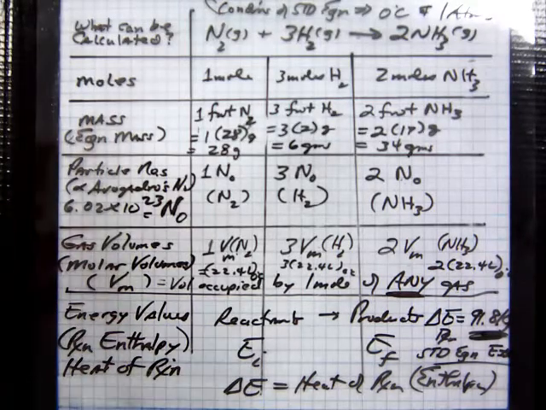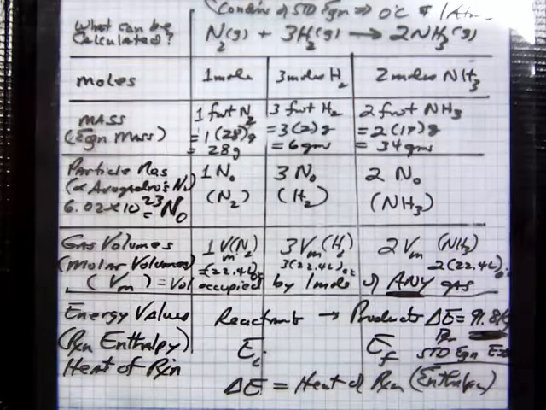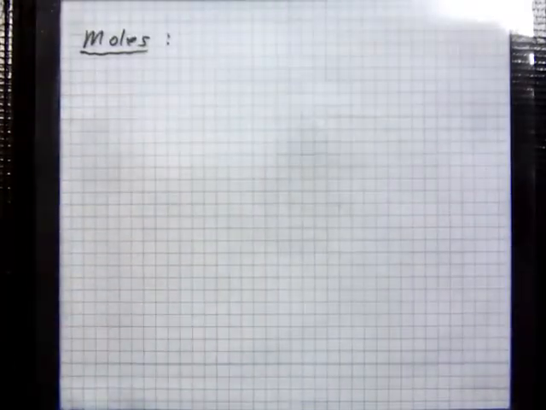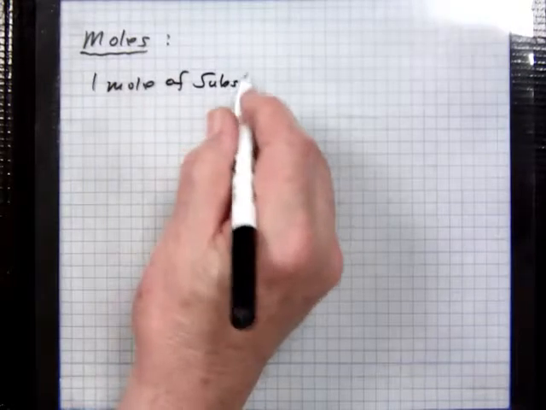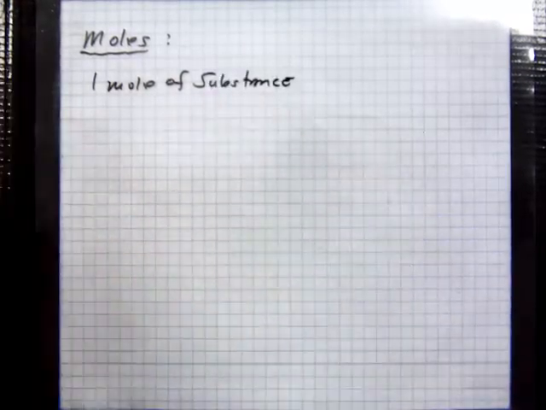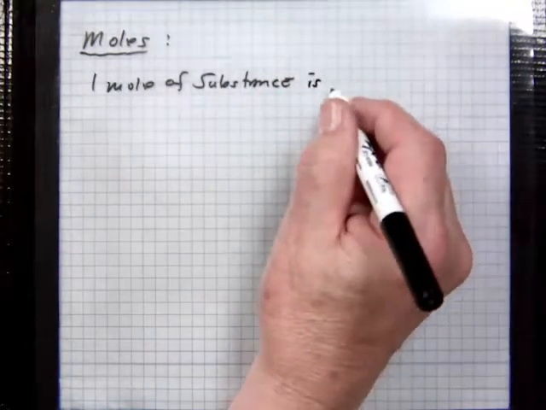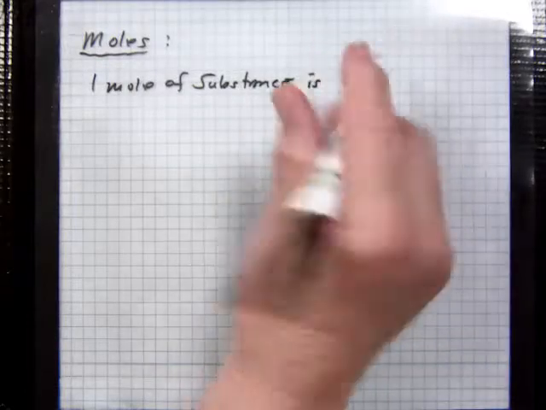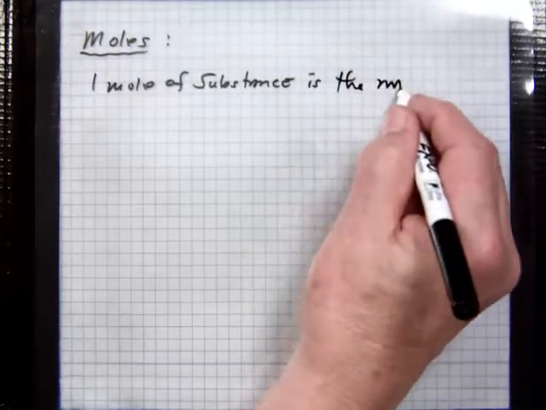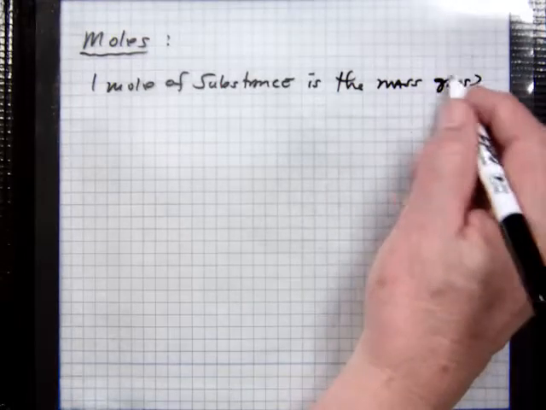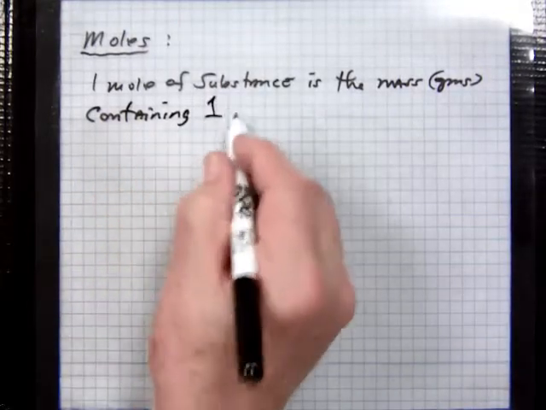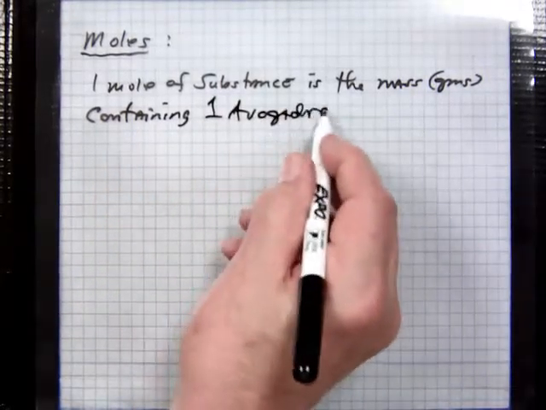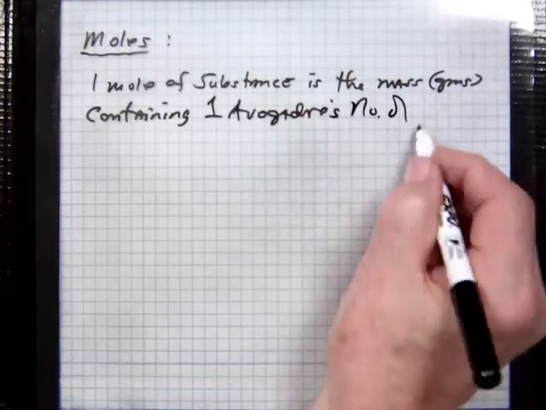What do we need to know to deal with it? Number one, moles. What's a mole? One mole of substance is the mass in grams containing one Avogadro's number of particles.